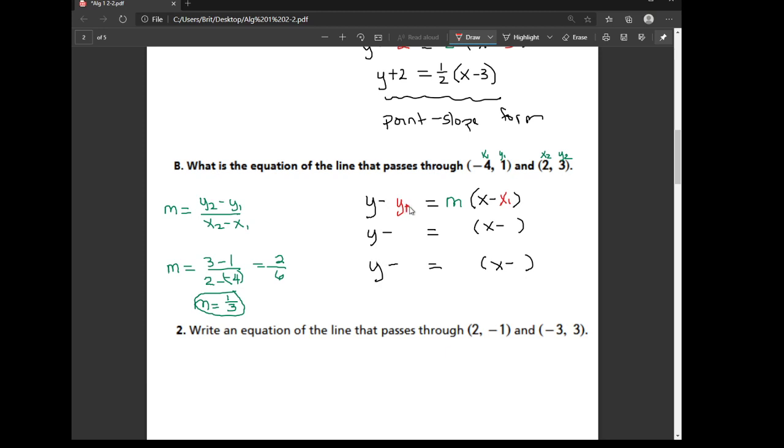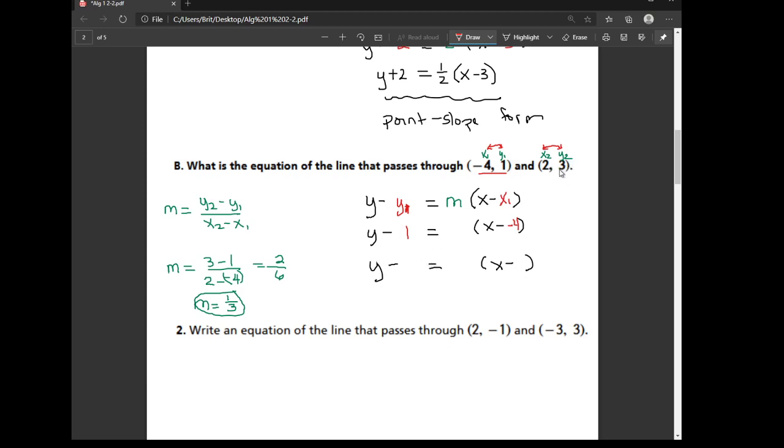Okay, now I could have called the second point x1, y1, right? It doesn't really matter how I distinguish those as long as these are grouped together. So that gives me multiple options for my equation. If I think about the first point as x1, y1, I could fill in a -4 and a 1 into this equation.